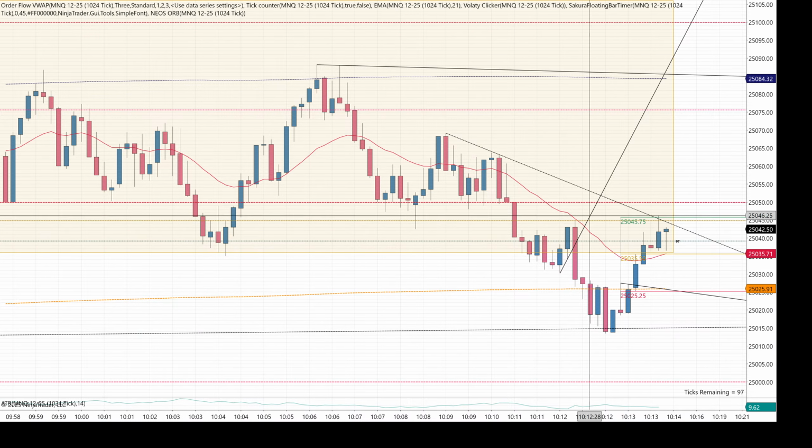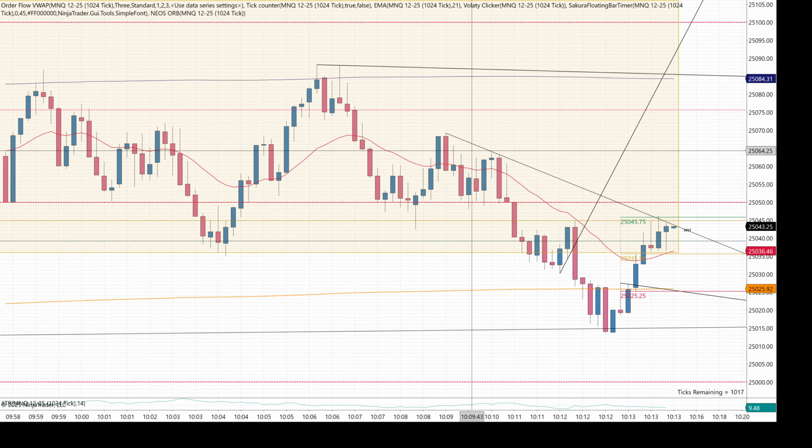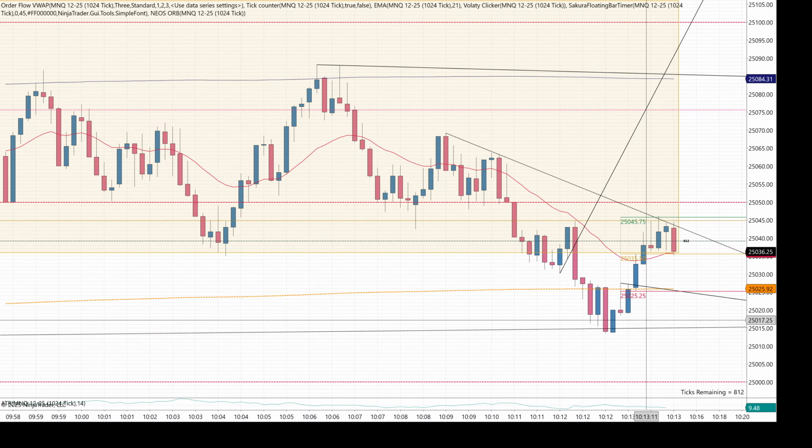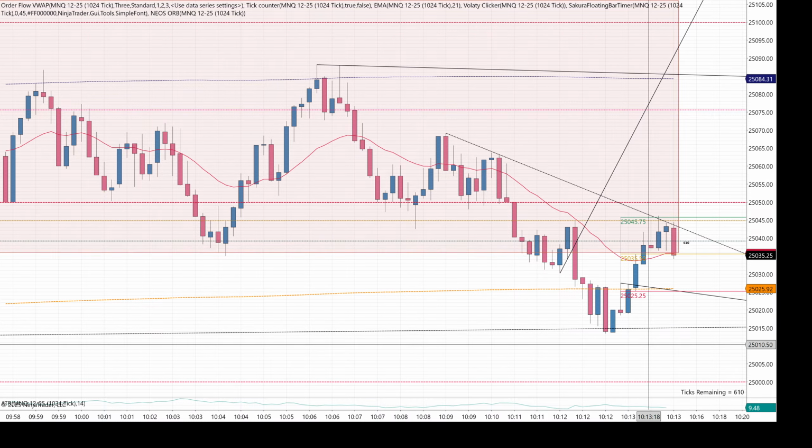And then we're retesting the golden ruler. You can see it's acting as resistance. We have this trend line, we have the golden ruler acting as resistance.